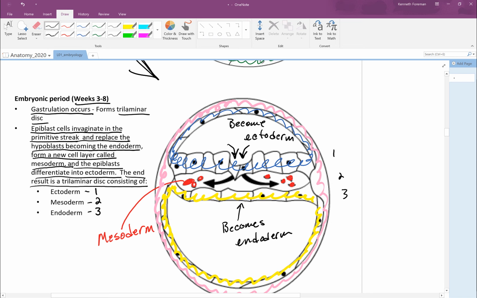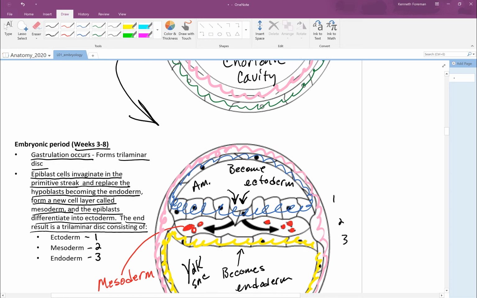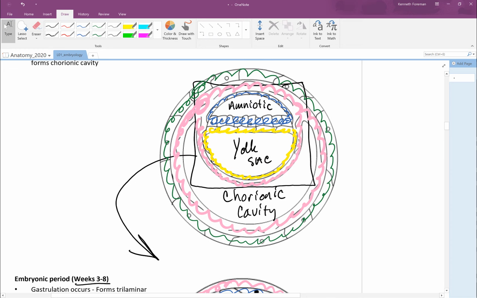And we have two cavities in this picture. We have our amniotic cavity, and then we have our yolk sac, and then all around the outside would be our chorionic cavity. I know it might seem a little confusing, but go back to this picture.